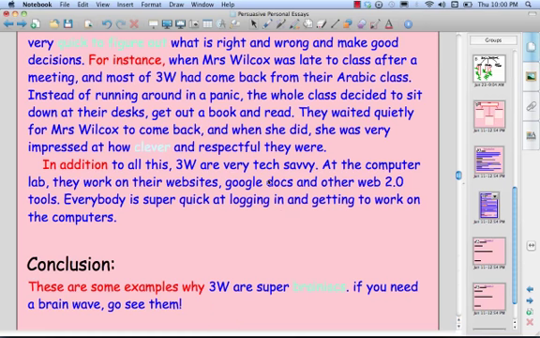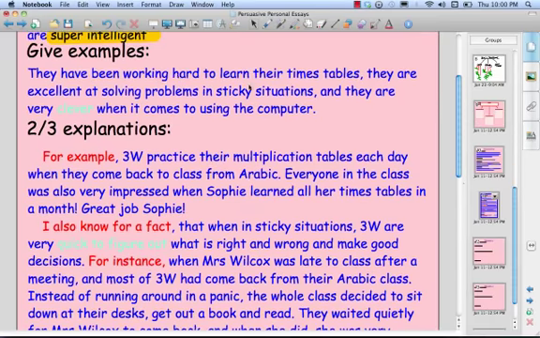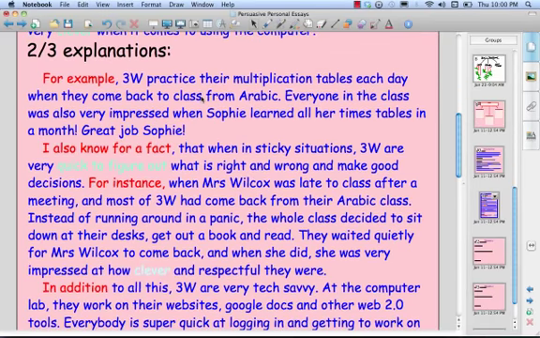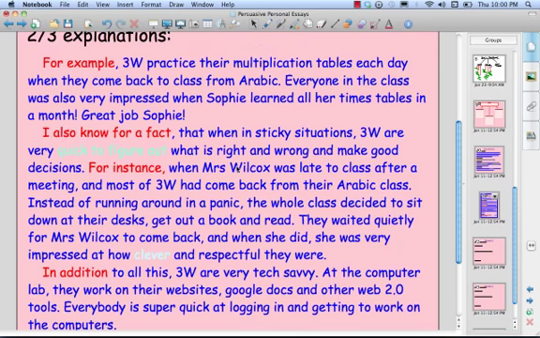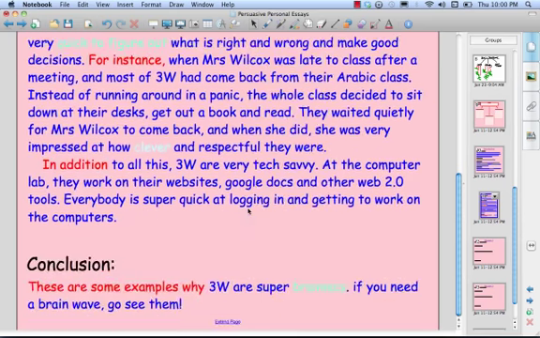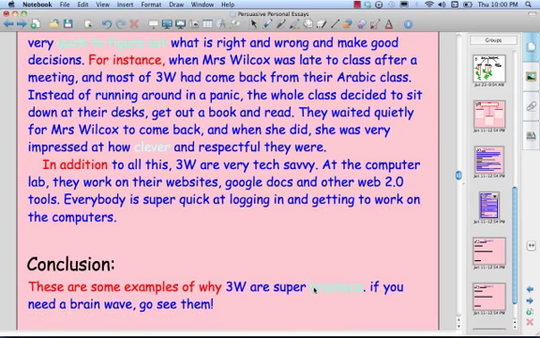So instead of just stating one sentence for each reason, each example, we've given several sentences and some examples and stories of what we have done in class to back up that example. Now here's my conclusion. These are some examples of why 3W are super brainiacs.